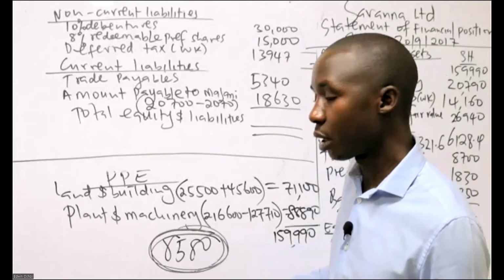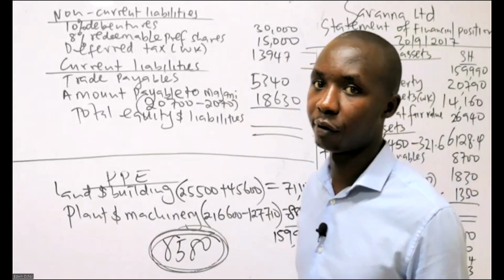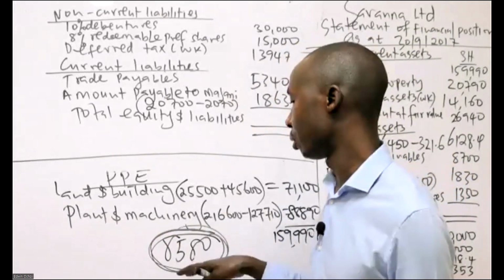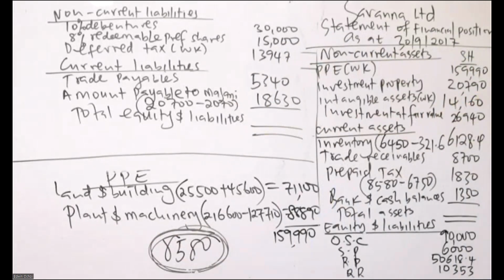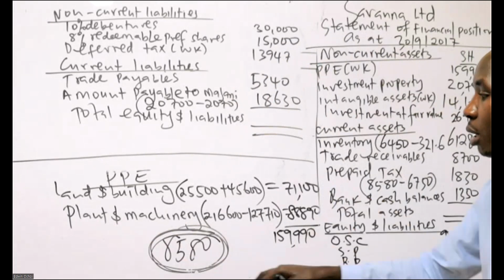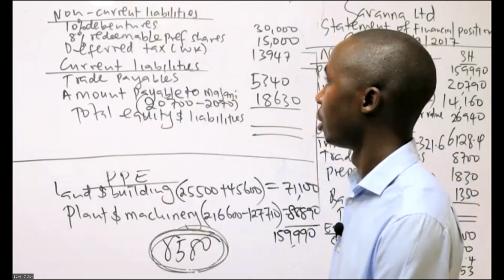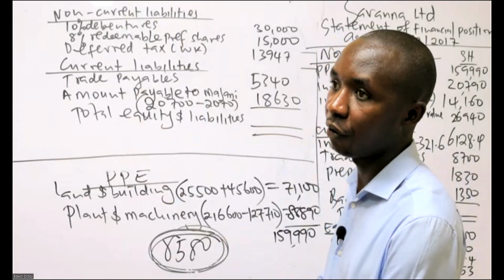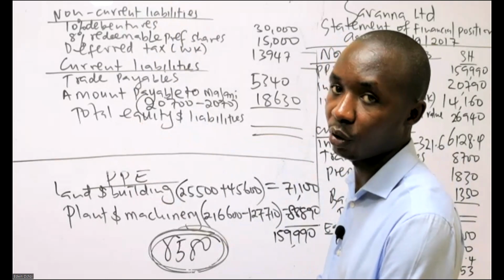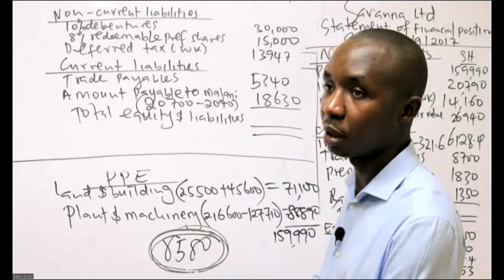Once it's in the trial balance, that one already has been catered. So we are not going to have it in current liability. It's in the trial balance. Remember that we always pick the current tax from the additional information. If you have realized from most of the questions, once it's in the trial balance, it has been catered.